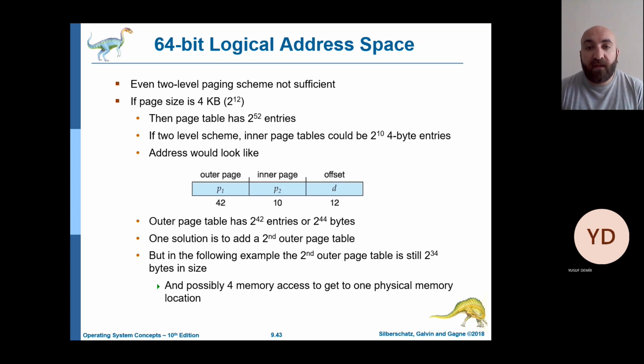If we use a two-level scheme, we get a huge number of entries. The address will look like that: we have 42 bits as the outer page number, 10 bits as the inner page number, and as offset, we have 12 bits.